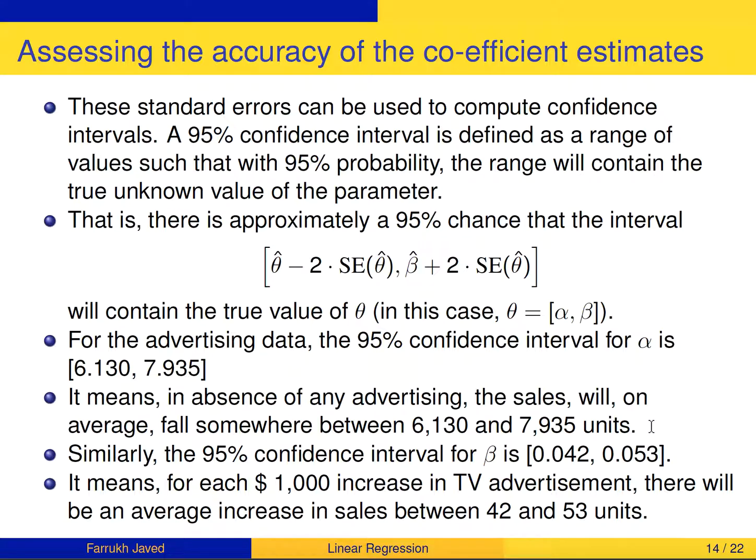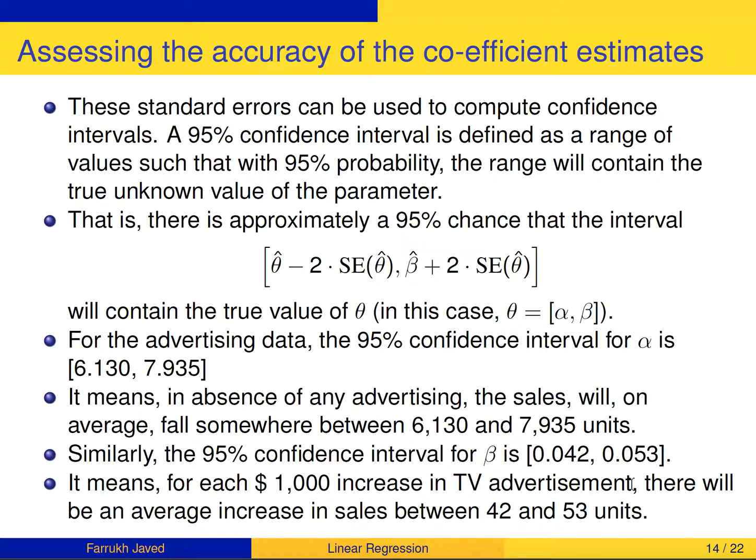Now let's add beta and see what beta adds. The 95% confidence interval for beta is 0.042 to 0.053. It means that for each 1000 increase in TV advertisement, we want to see how much it adds to the previous sales, which were between 6,130 and 7,935. So I evaluated the confidence interval for beta.